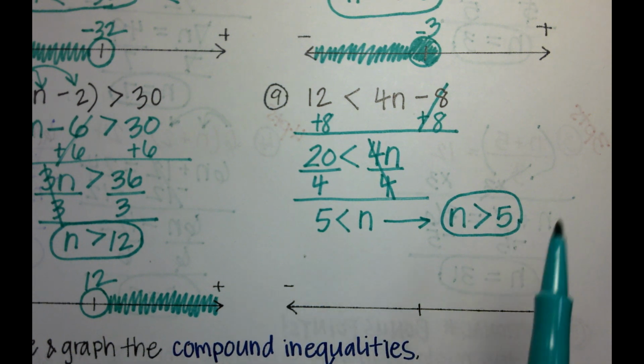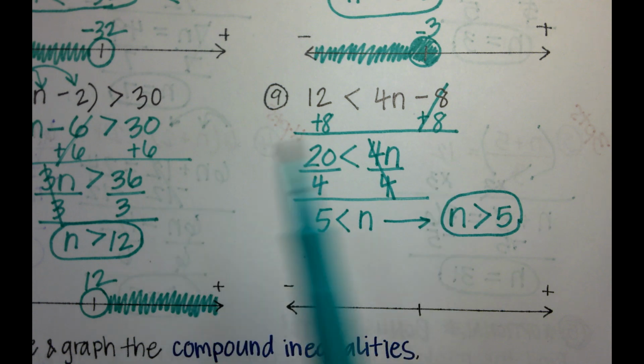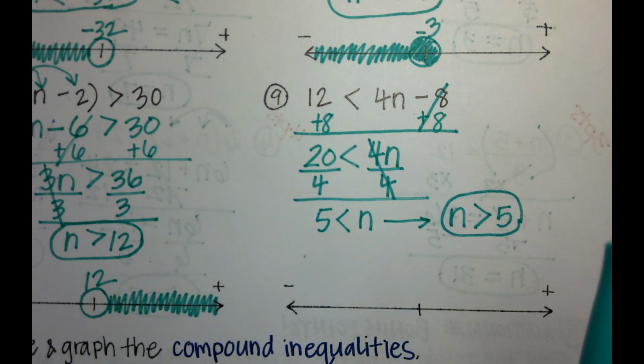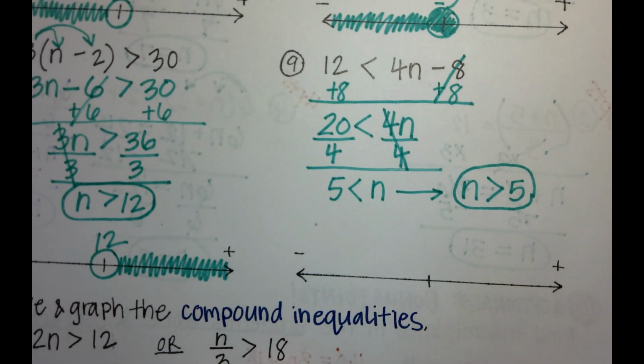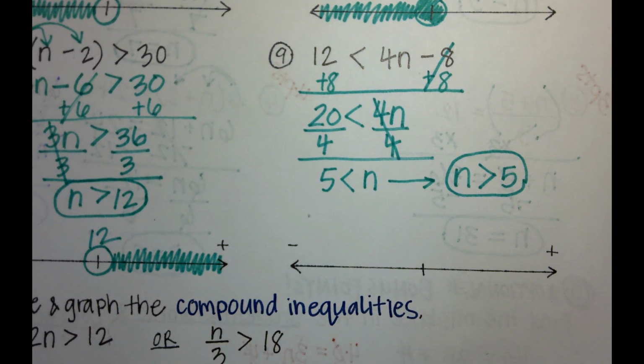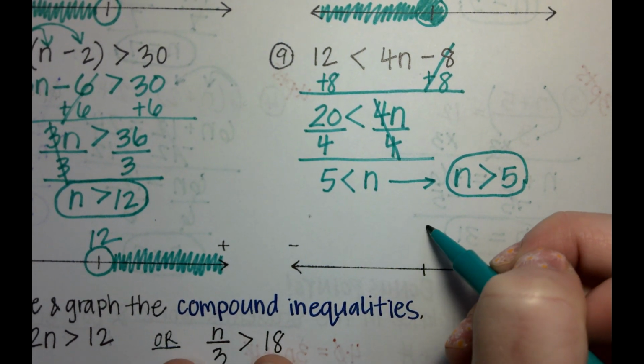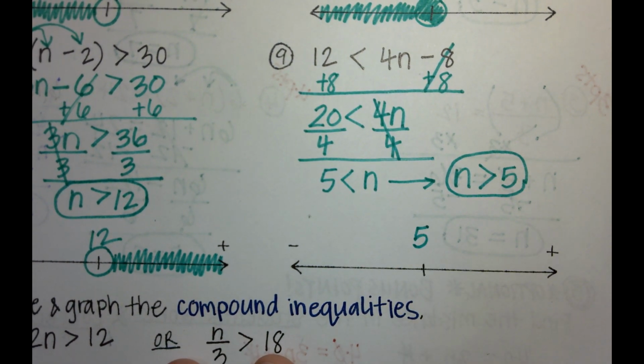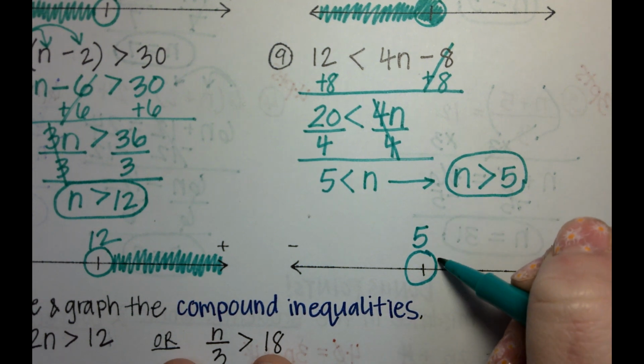Okay, is anybody confused or have questions about why we flipped it? Anybody need more clarification there? Are we good on that? Okay, let's do the graph now. What goes first? The 5. Good. Circle open, and to the right.